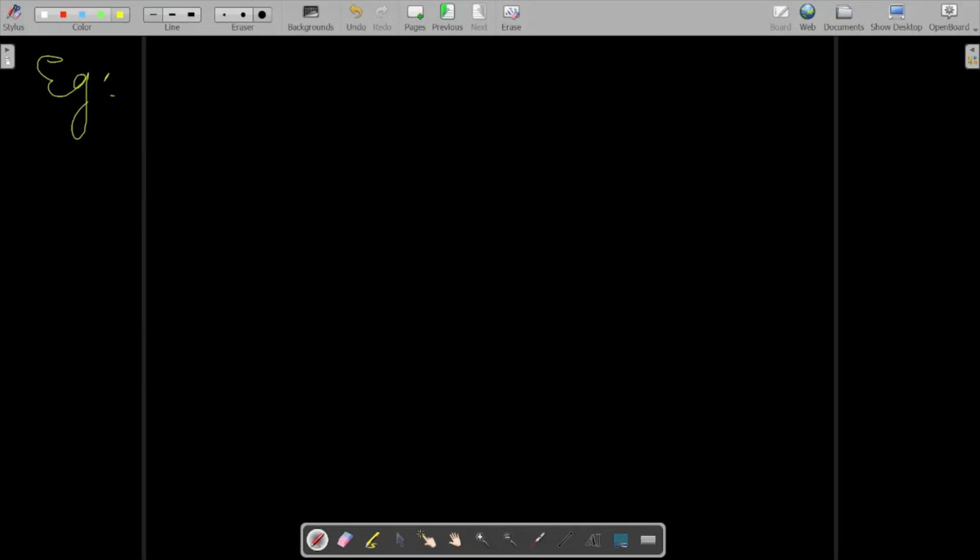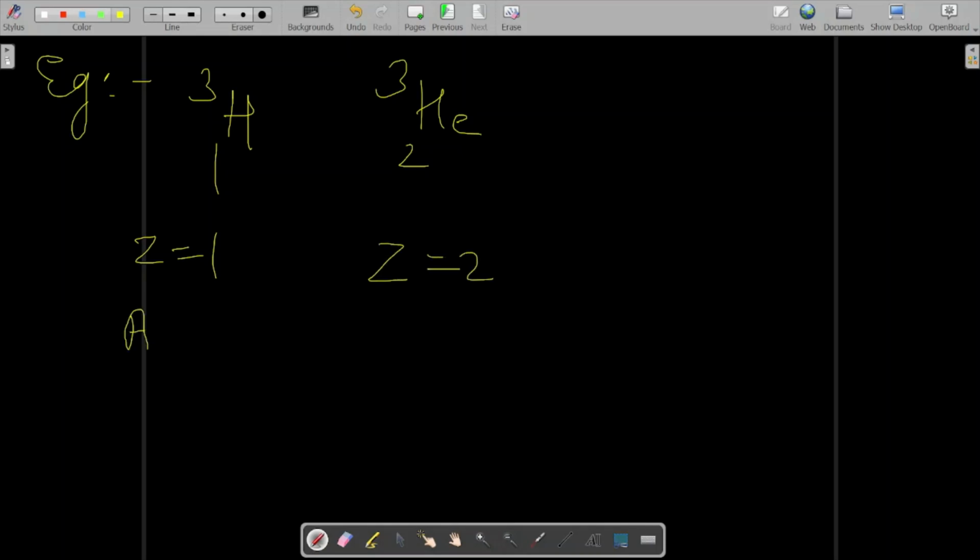Examples are very clear. Suppose H-3 (hydrogen 1,3) and He-3 (helium 2,3). In the first, Z is equal to 1; in the second, Z is equal to 2. In both, atomic mass number A is equal to 3. Then what is the number of neutrons N in each?